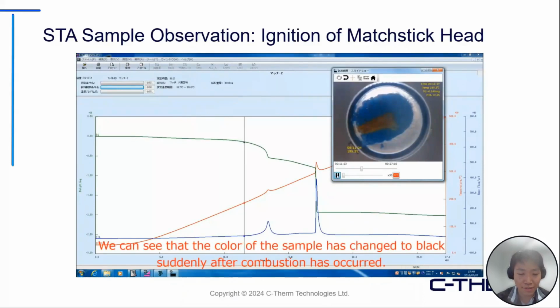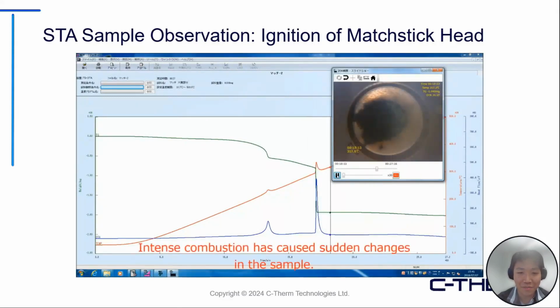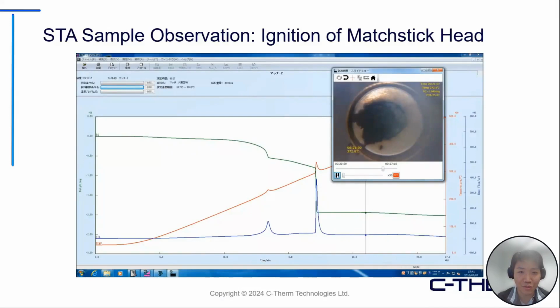And here we can see a drastic mass loss accompanied by an exotherm. So here the wooden portion of the match has burnt off. And we can see the very rapid and drastic change in mass and an exotherm was observed here, with the smoke coming off, clouding the camera lens.